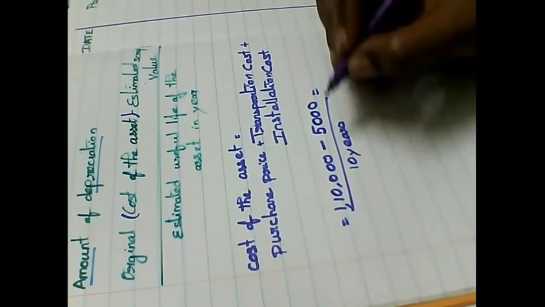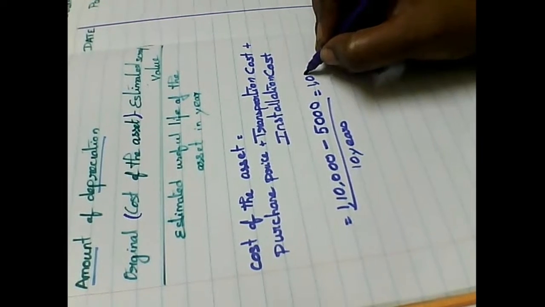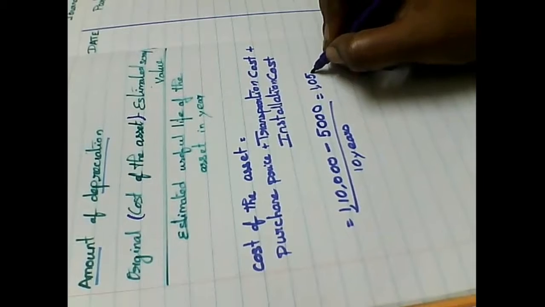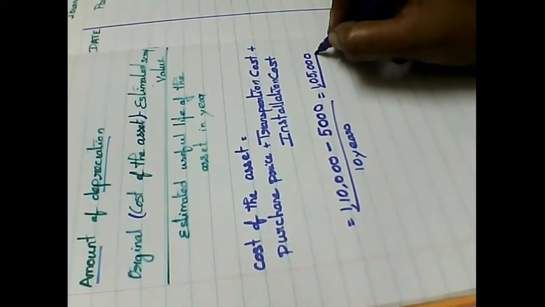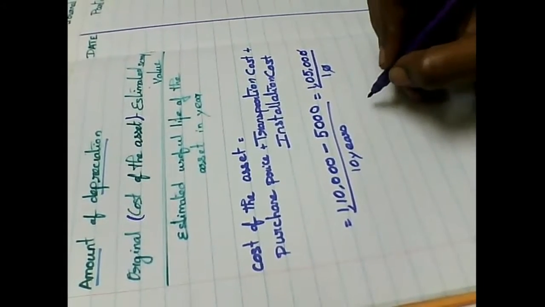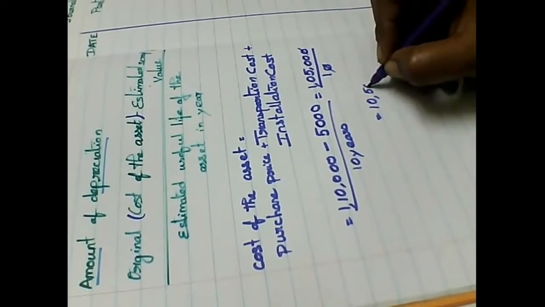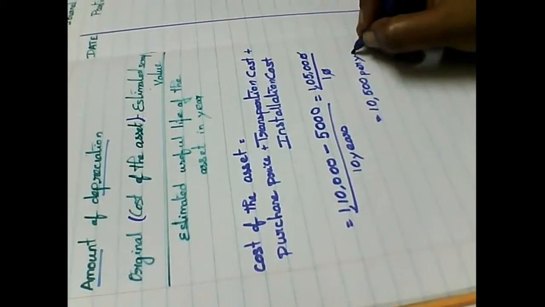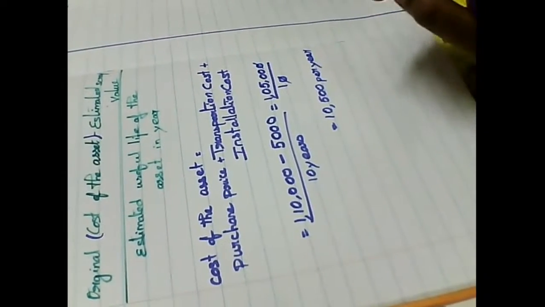After subtracting, you will get 1 lakh 5,000 divided by 10. When we cut the zeros, we get an amount of 10,500. This is per year. So what we get is the amount of depreciation, what we have to reduce per year.